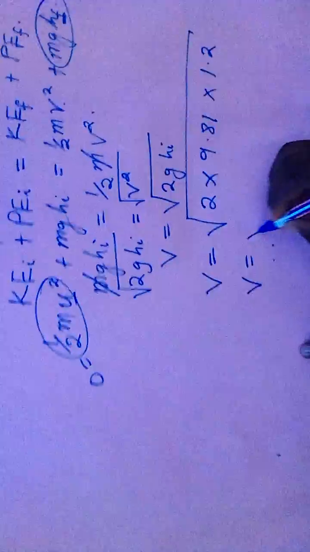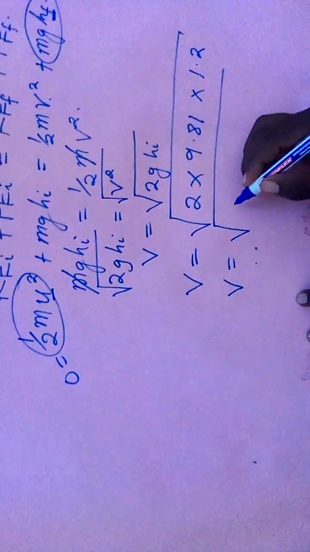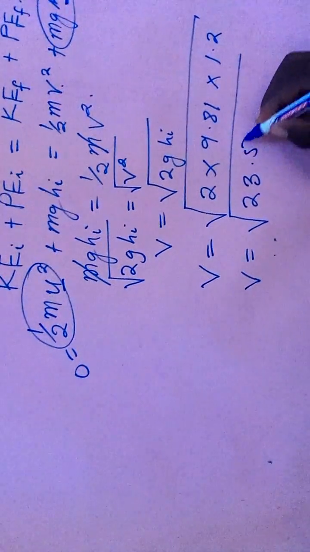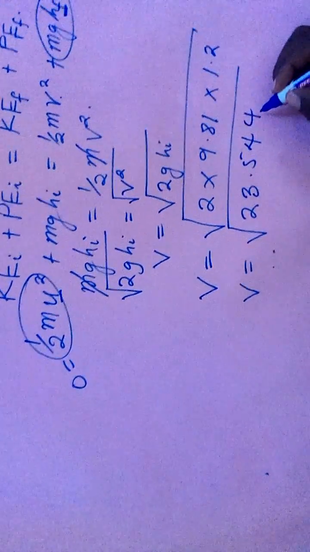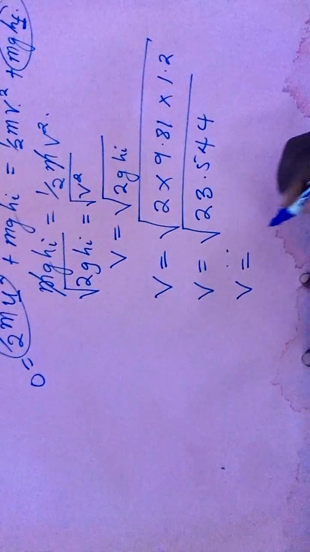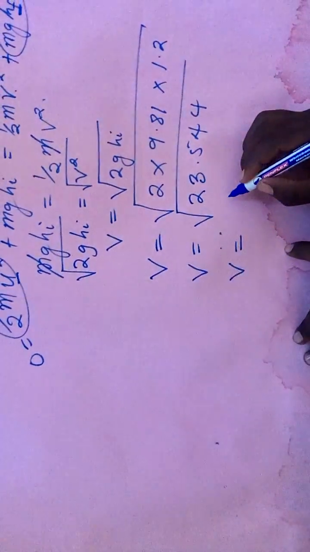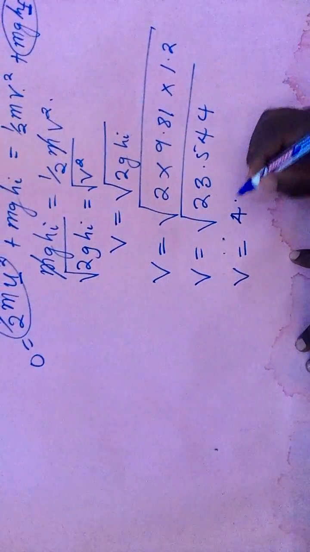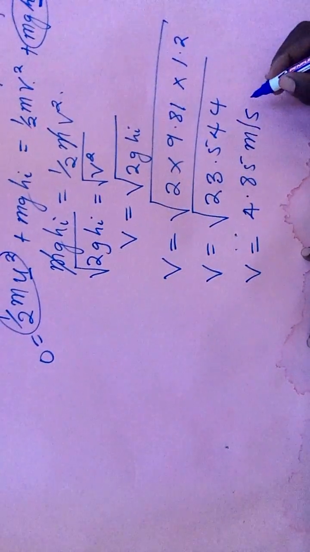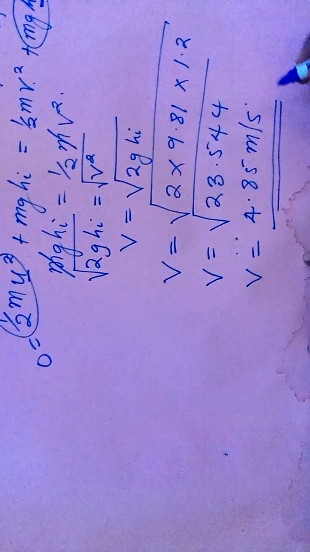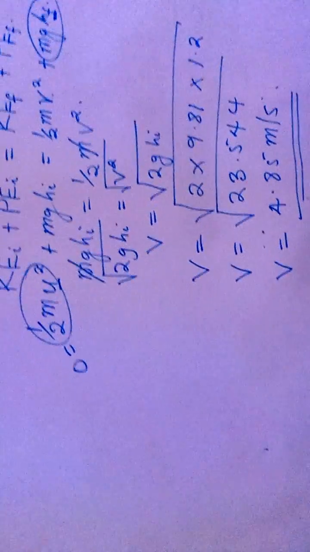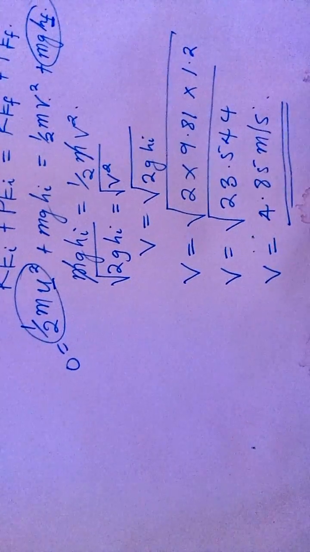Once we punch it on the calculator, we have 23.544, and the square root of 23.544 gives us 4.85 meters per second. So this is the speed with which the boxes are going to exit the bottom of the ramp.